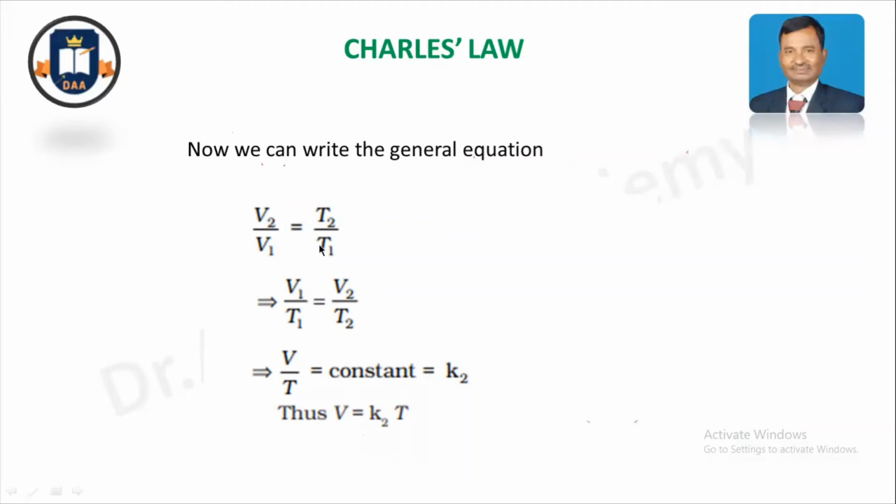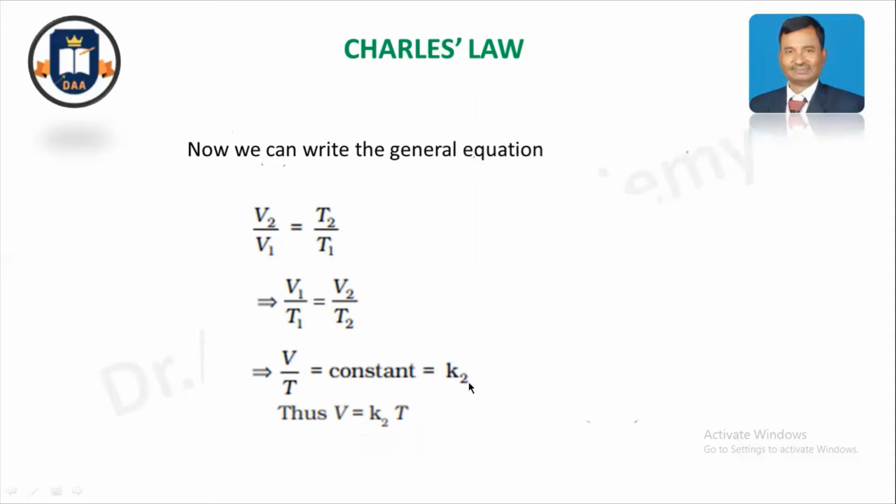In this case, the V1 by T1, this V1 will go to the right side above, and T2 will come down to the left side. Then V1 by T1 is equal to V2 by T2. This is a simple equation rearrangement.